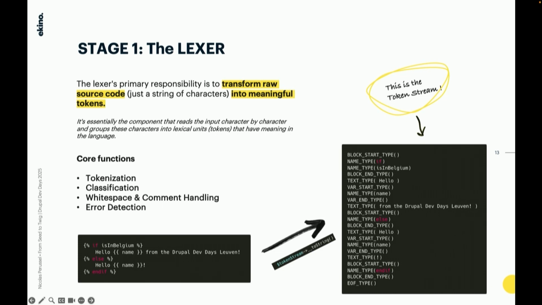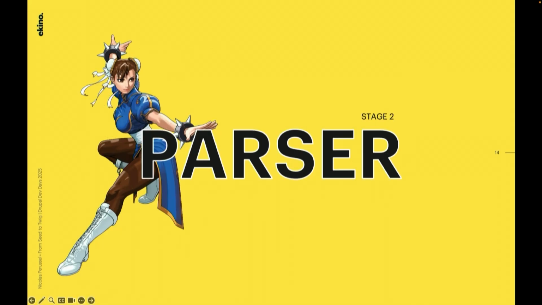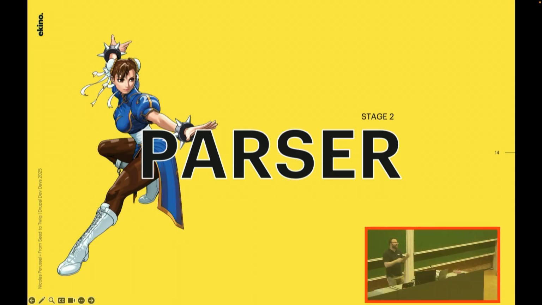That's all. You just need to understand what exactly a token is. It's not very important for this talk. But it's very important to understand that the lexer phase, the tokenization phase, produces a token stream, because the parser, stage 2, needs a token stream to enter into action.